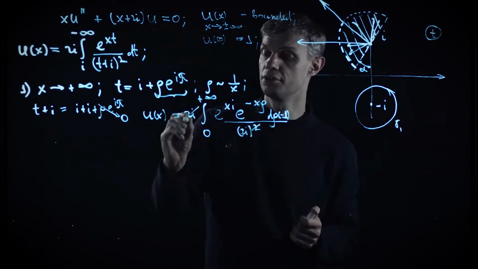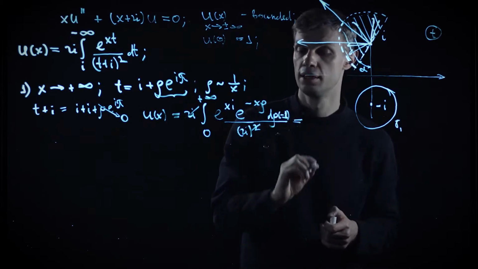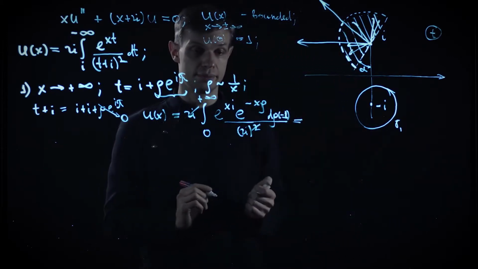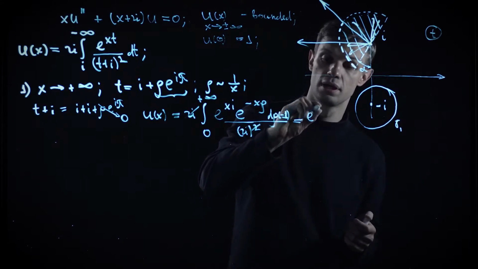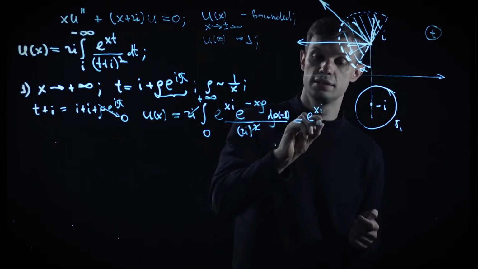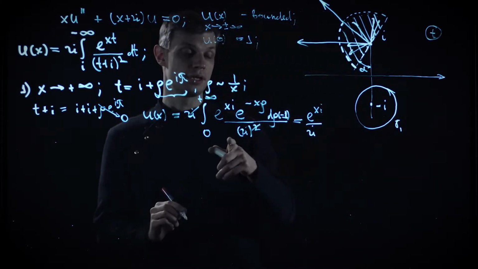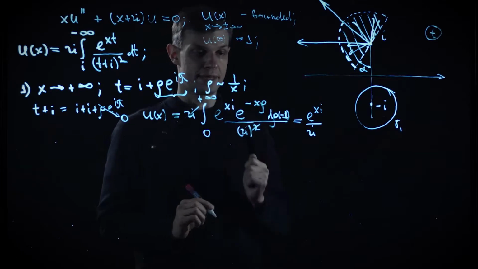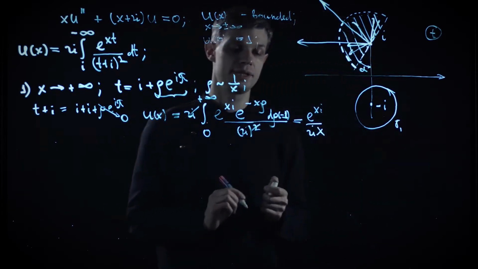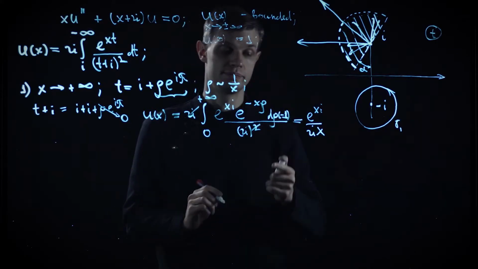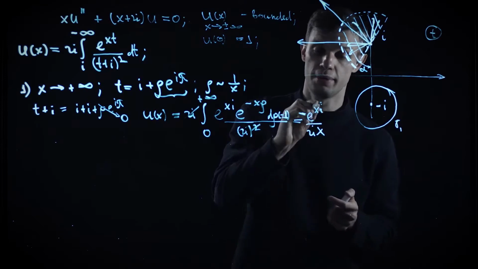So getting rid of additional 2 i's, we get the final answer, which is simply e to i x i divided by 2i, and the elementary integration gives us 1 over x in the denominator, and if I didn't get anything wrong here, an additional minus sign.